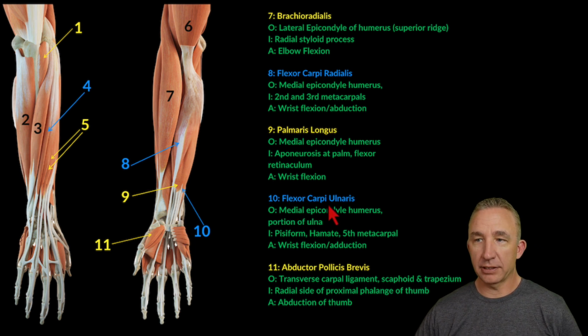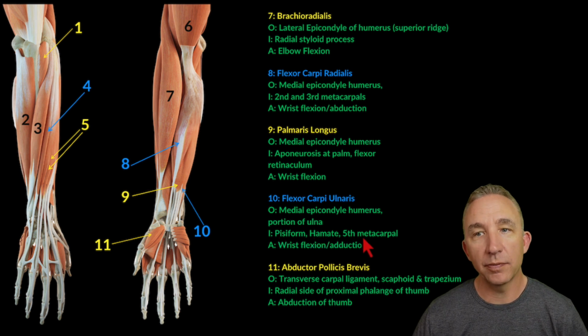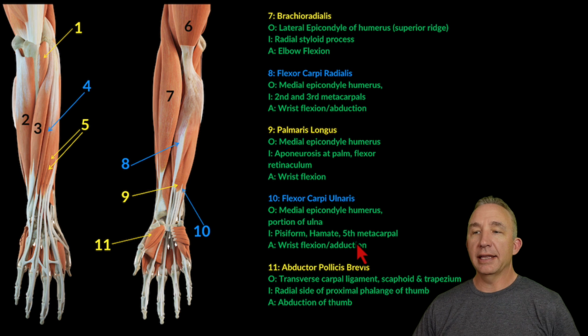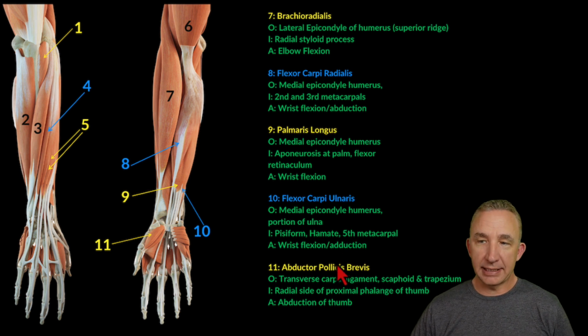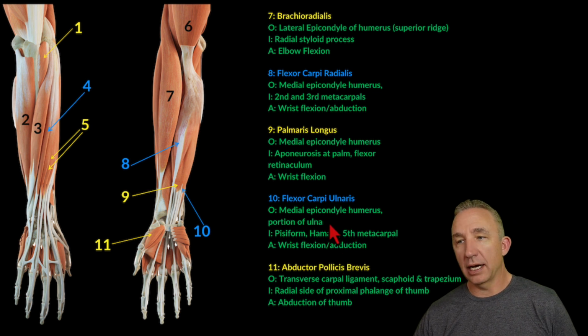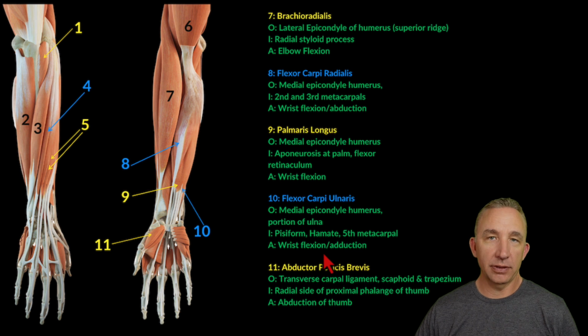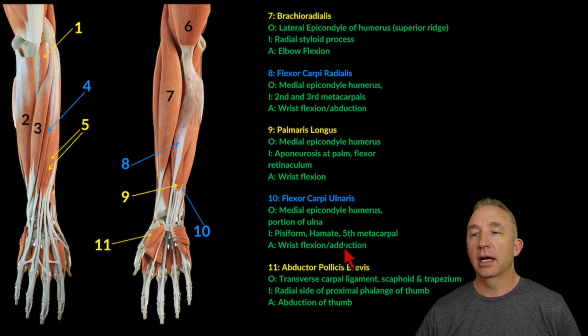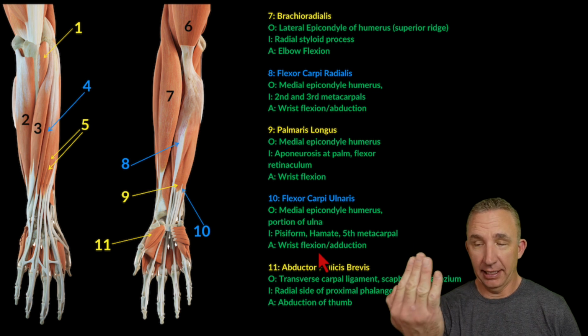When I go down to flexor carpi ulnaris, back to the medial epicondyle, so it's repeating, but we're going now to pisiform hamate fifth metacarpal. So you can see this repeats when we look at the extensors. And so we're flexing the wrist again and adducting it together.